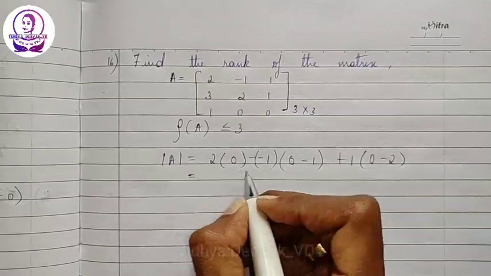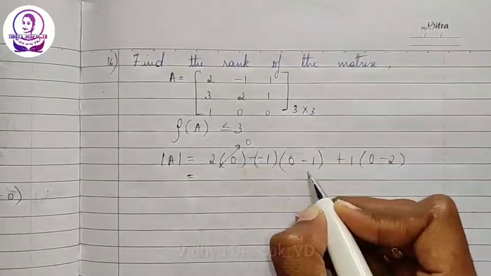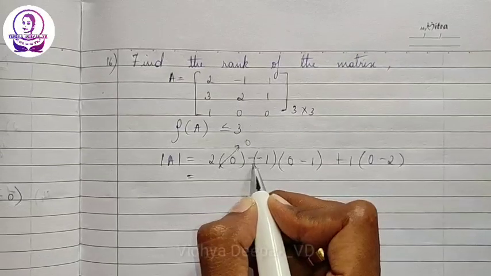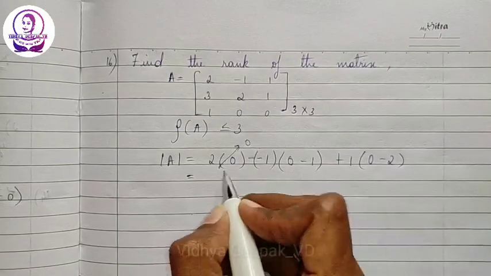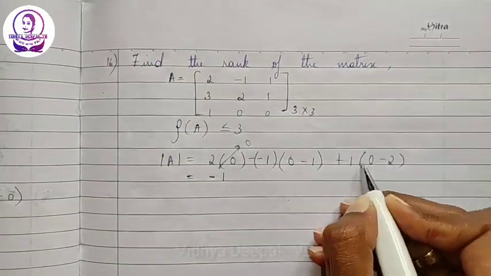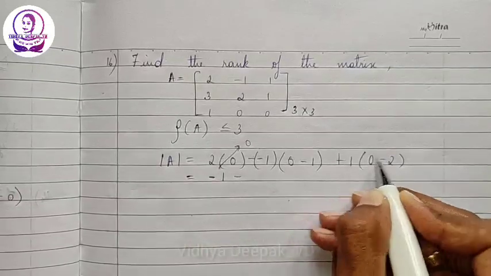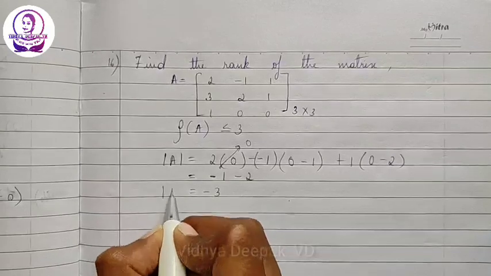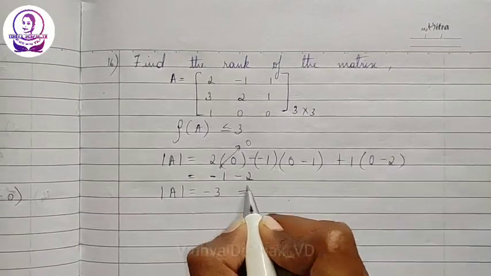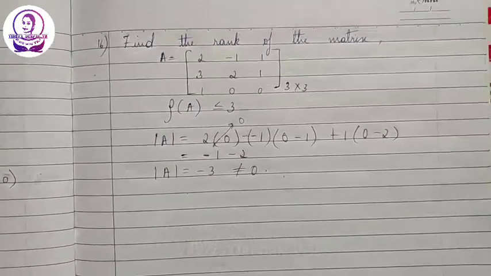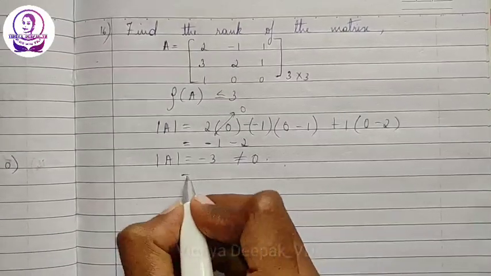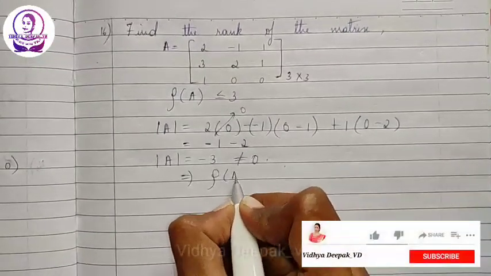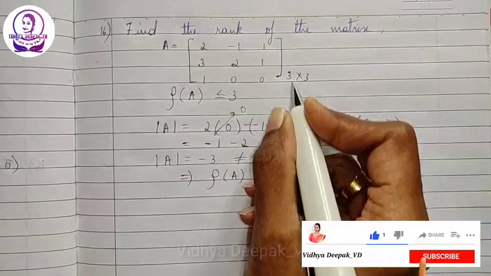So we have 2 into 0, 0. Okay, this is minus into minus plus 1, again minus 1, plus into minus minus 1, again plus into minus minus, 1 2s are 2. So we have minus 3. That means this is not equal to 0. A non-singular matrix. That means our conclusion is the rank of this given matrix is equal to the order of the given matrix.